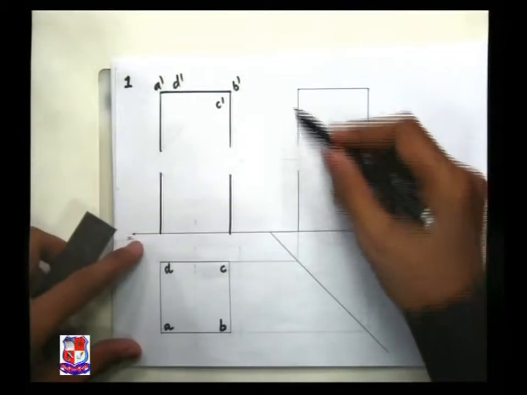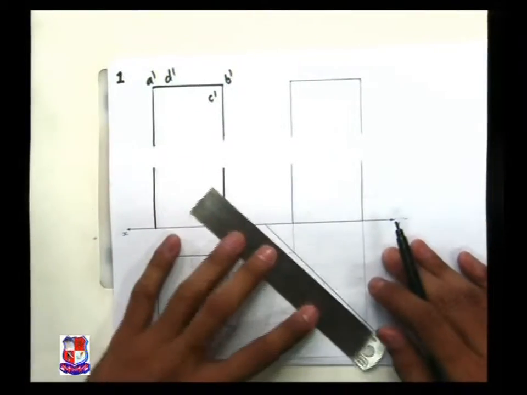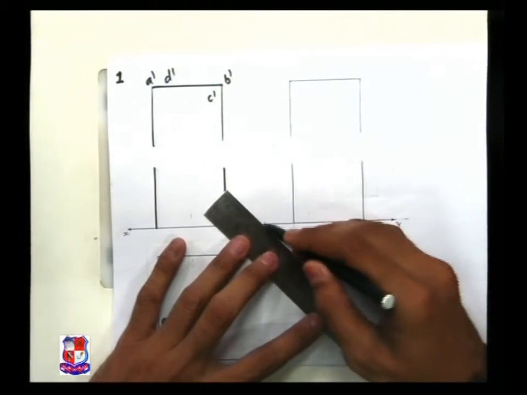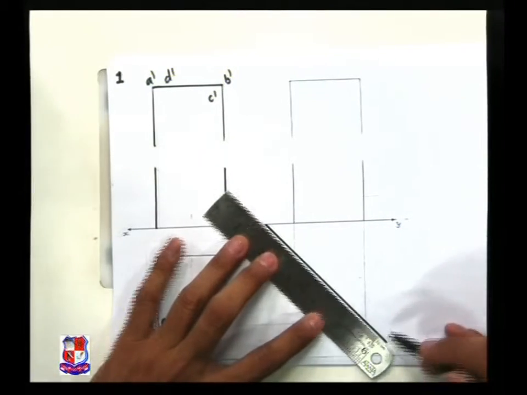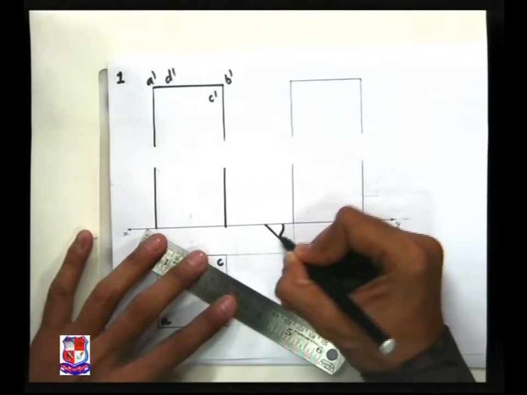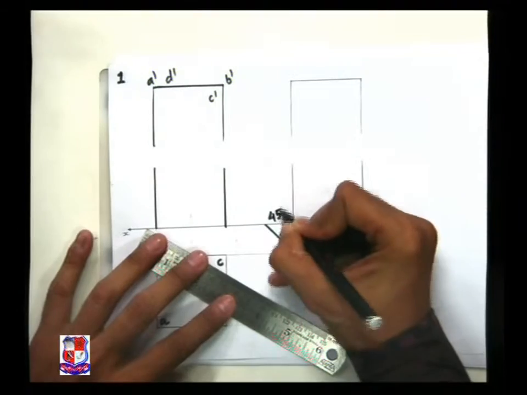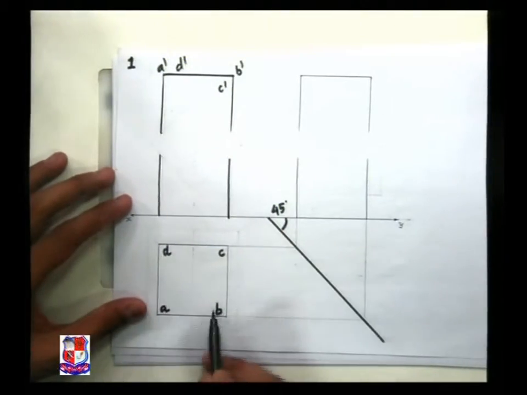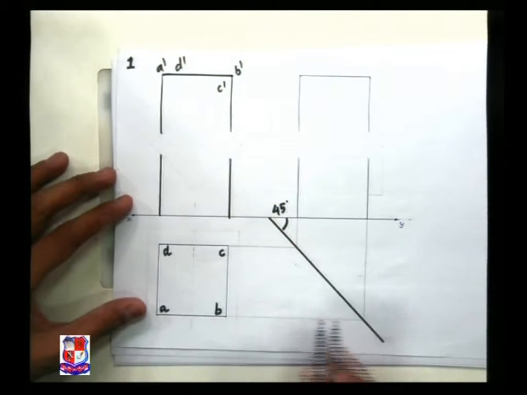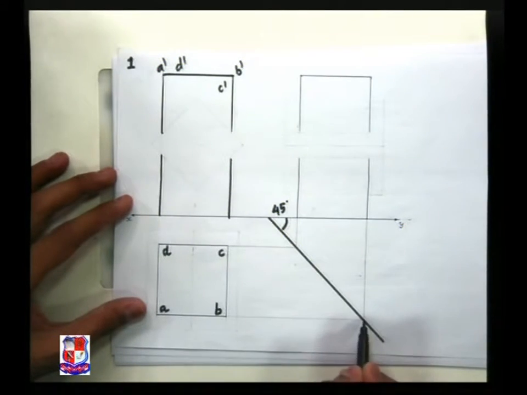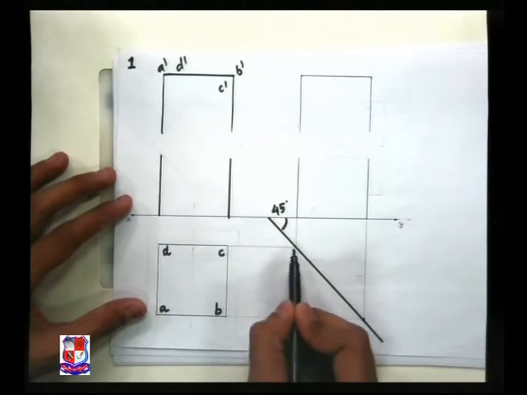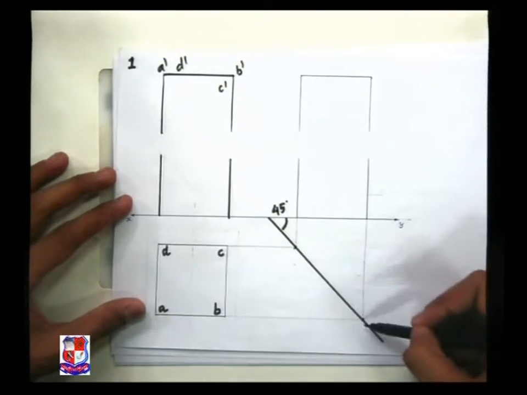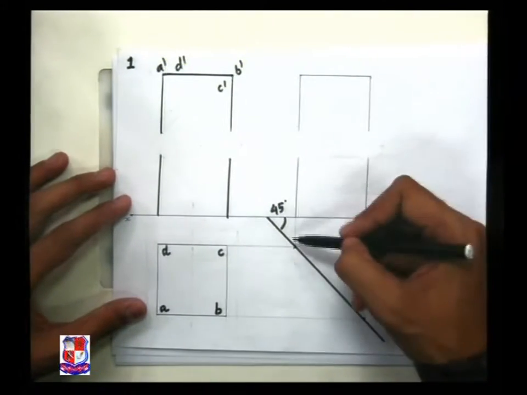Similarly we can draw its side view by drawing this miter line. Miter line is drawn at an angle of 45 degrees with XY line like this. After drawing the horizontal line from A, B, C and D to this miter line, transfer the points over here. It will cut the miter line at this point and at this point. From these 2 points, draw straight vertical lines like this and this.